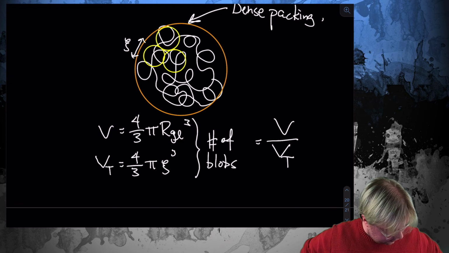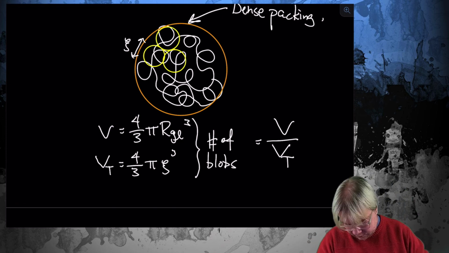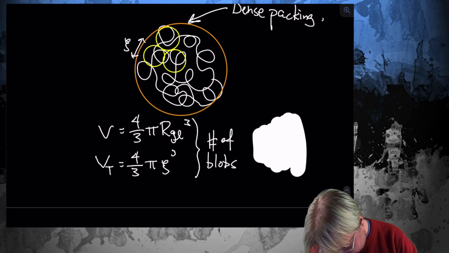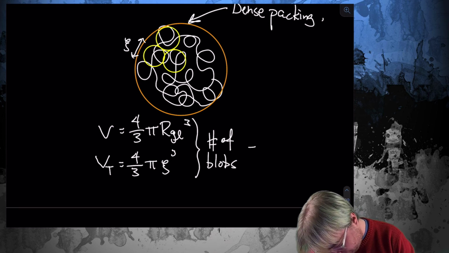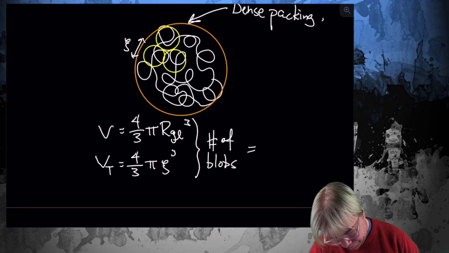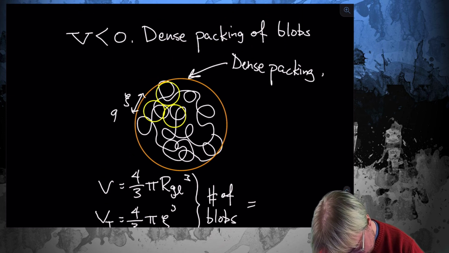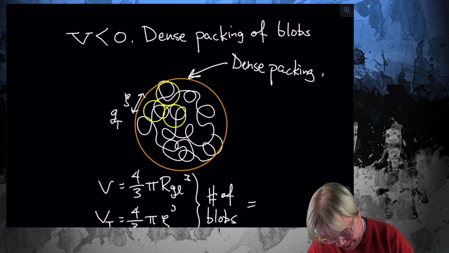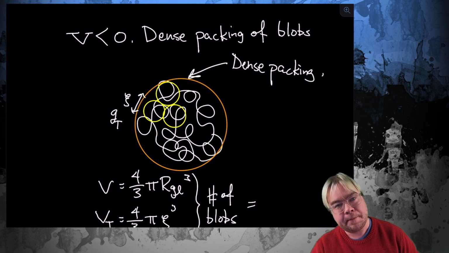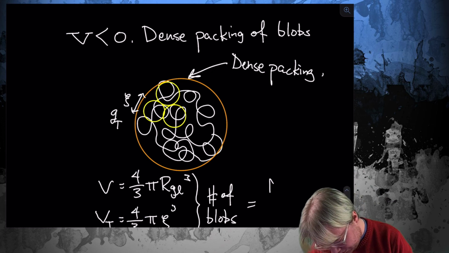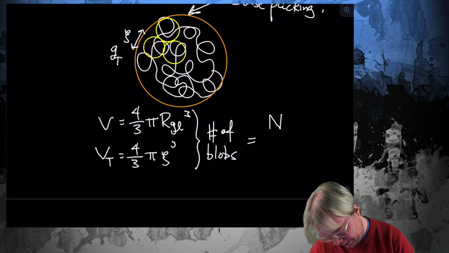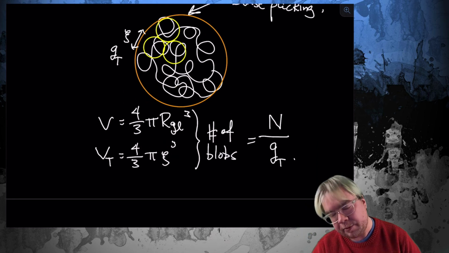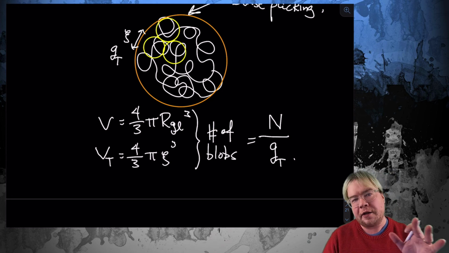Let me see. I skipped a step here. That is not true. I'm getting ahead of myself. The number of blobs that you're going to have, each blob has g_T monomers. Your polymer chain has N monomers. So the number of blobs you have is going to be the number of monomers in the chain divided by the number of monomers in a blob. That's what I meant to say, not the volumes.